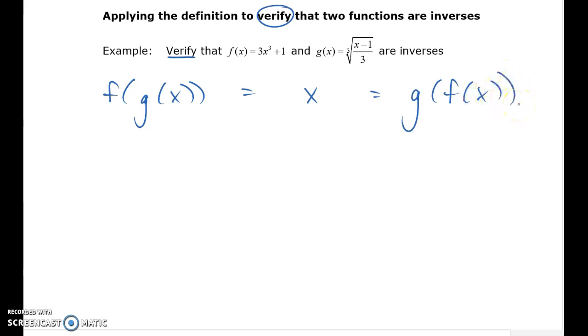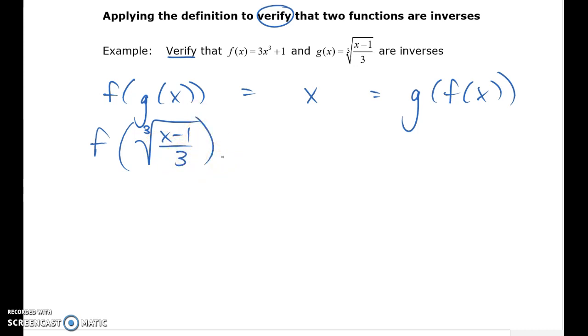It is crucial, I can't stress enough, that we understand the difference between verifying versus finding. We are not actually finding the inverse, we are verifying that they are, in fact, inverses. As we hopefully recall from previous sections, we can do the composition simply by taking the g, which is the cube root of x minus 1 over 3, and that is my g function.